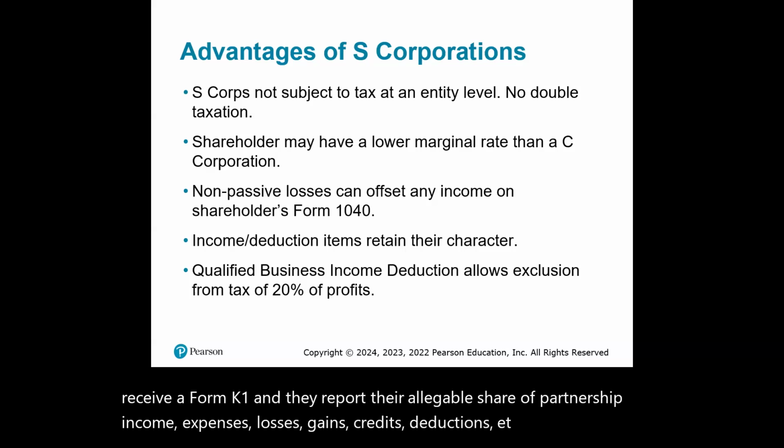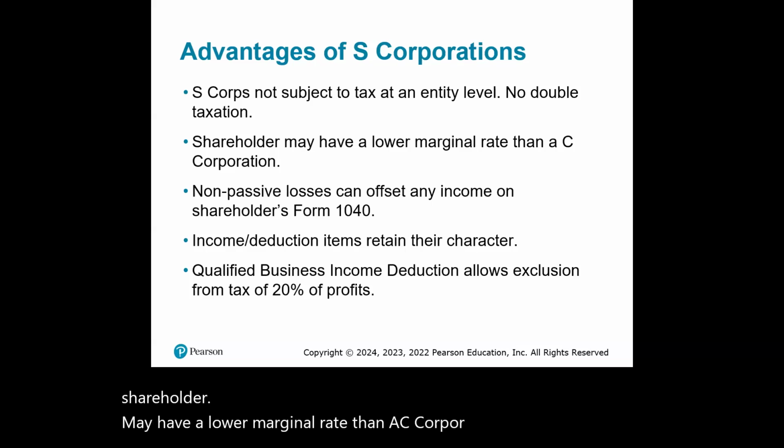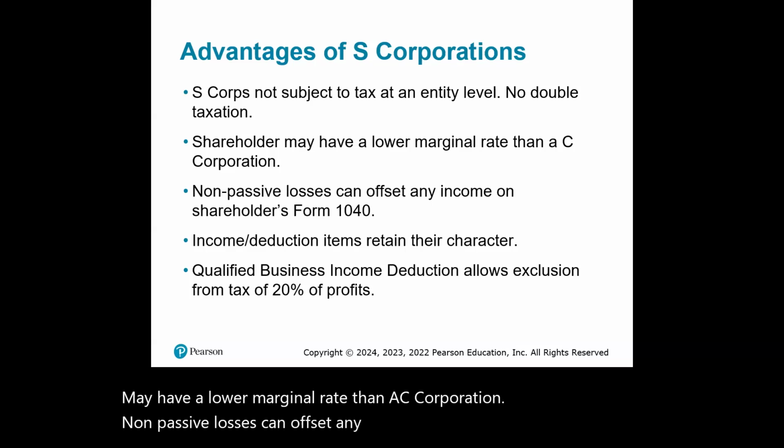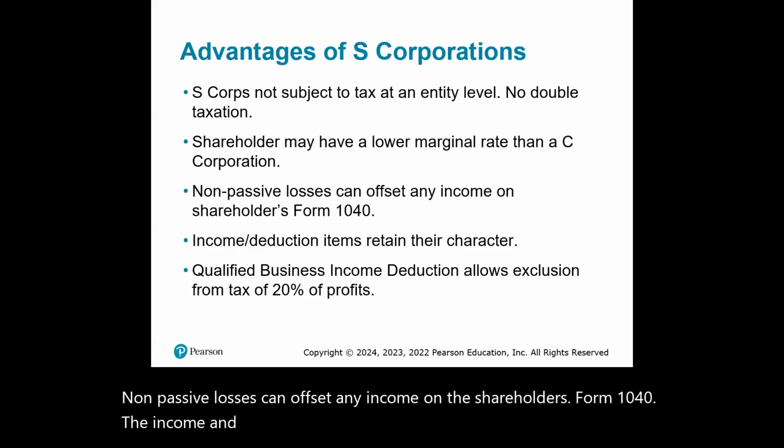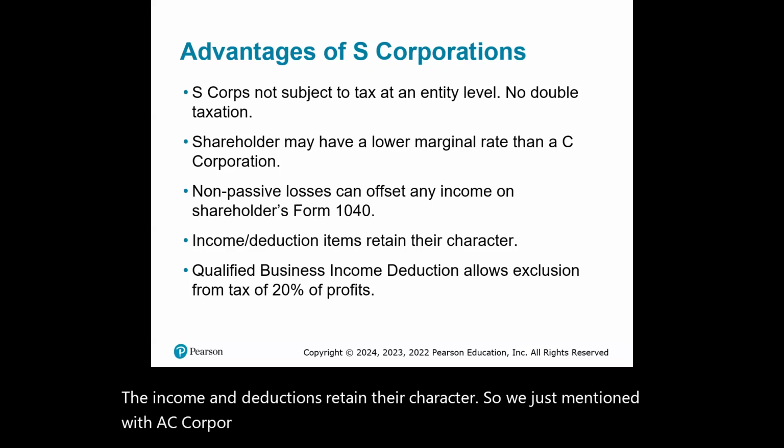The shareholder may have a lower marginal rate than a C corporation. Non-passive losses can offset any income on the shareholder's Form 1040. The income and deductions retain their character. So we just mentioned with a C corporation, if the C corporation has a capital loss or a net operating loss, it stays at the entity level.